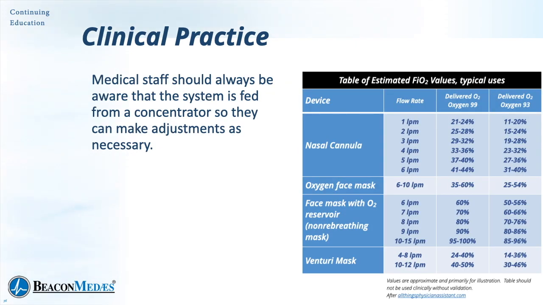Be aware that you're going to use slightly more oxygen from a concentrator than you would oxygen 99. The difference is very small. Obviously, the difference between 93 and 99% is only 6%. So we're talking about very small changes, but they are significant. So when we're doing our titration, we would see slightly higher use of oxygen with a concentrator.